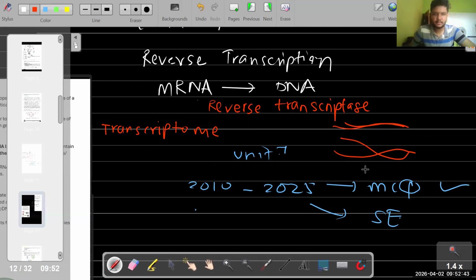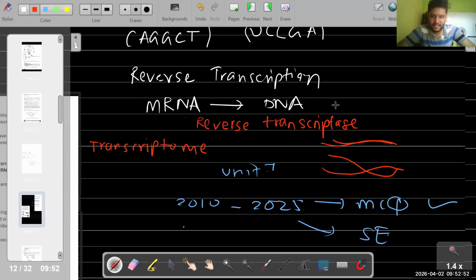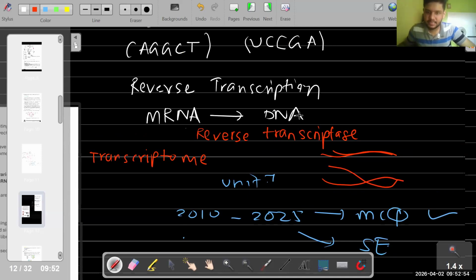Will it come like this? Single, it will be coming as a single stranded DNA. So normally DNA is a double stranded molecule. So they are saying after this single stranded DNA is obtained, what you can do is take this DNA out, it seems.